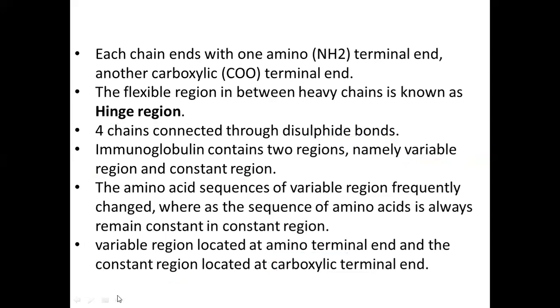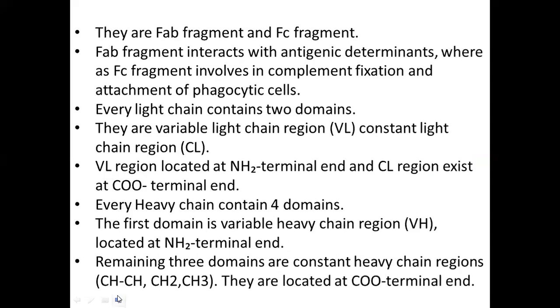Yeah. This is the last slide where I've given you a few more points. Done? So in the light chain we have two regions, two domains: variable light chain and constant light chain. And if you see the heavy chain, you will have four domains. Done? So one domain is the variable heavy chain, and the next three are the constant heavy chain: constant heavy chain 1, 2, and 3.